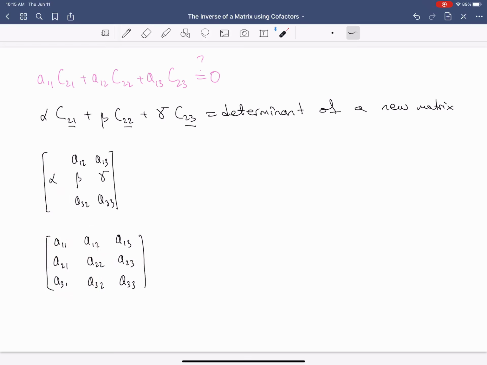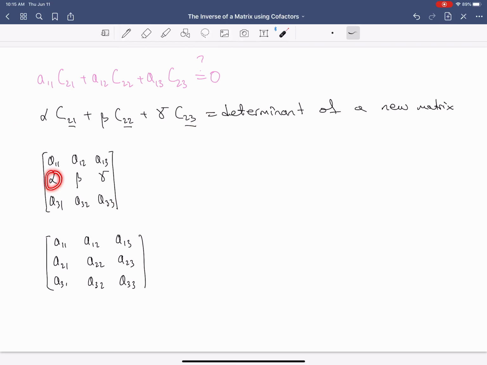What I'm trying to say is that these guys say that the first and third columns of A have to be in this matrix so that the computations could match. So I have here A11, A31. Now, if I try to compute the determinant of this matrix using expansion along the second row, this is exactly what I would get.